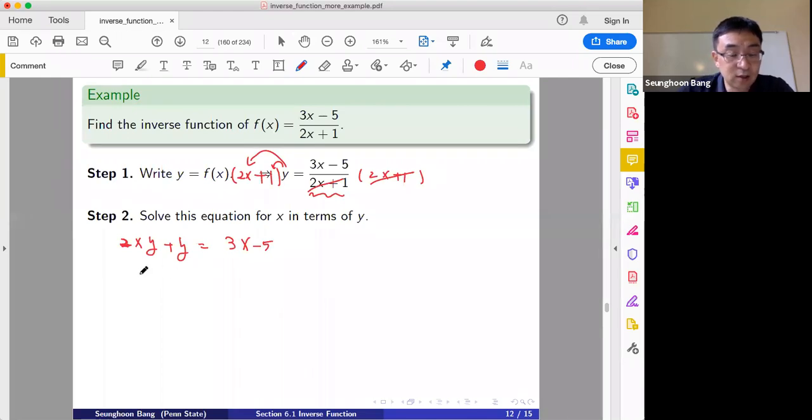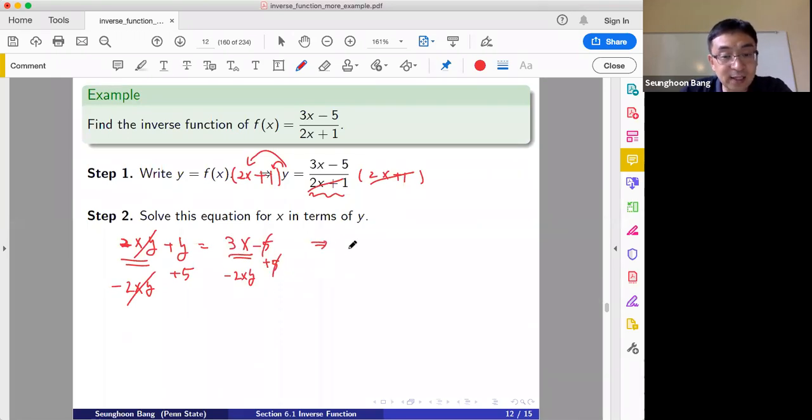So next, we have 2xy terms. Isolate the x terms, subtract 2xy. Cancel. This side has the x variable, but minus 5 doesn't have x. You can move it to the left hand side. So what happens?